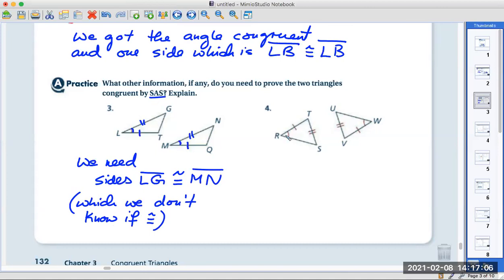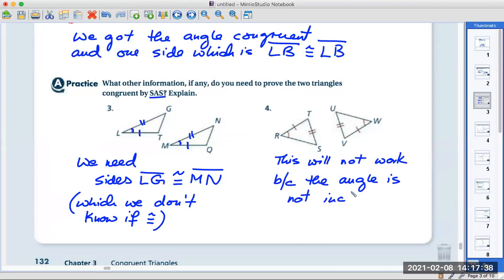So this will not work, because the angle is not included, or between, the two sides.